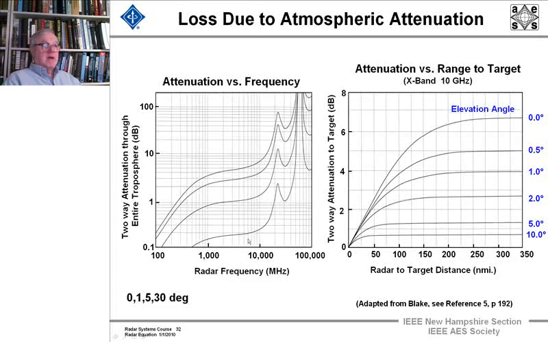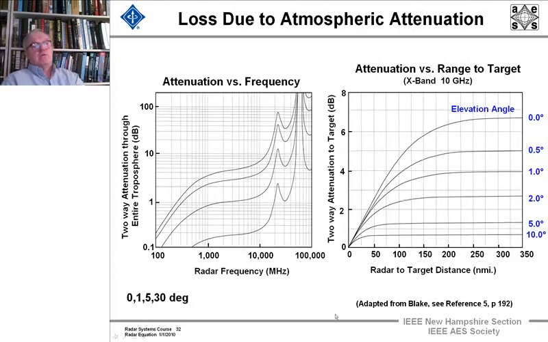And as you can imagine, the attenuation is greatest at 0 degrees, and the least down the bottom at 30 degrees. That's through the entire atmosphere.